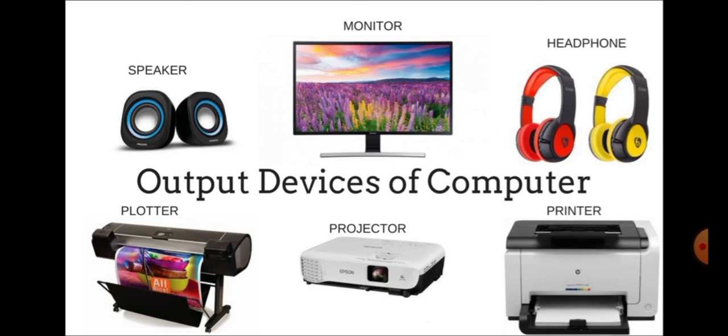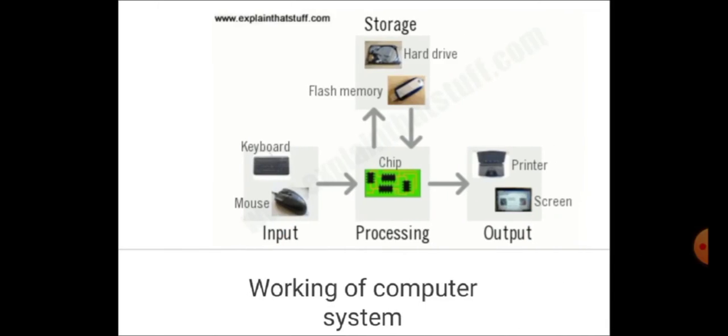So students, understand here how the computer system works. The three main activities of a computer system are input, processing, and output. Input is taken from the keyboard and mouse through an input device and stored in memory. Next is processing.